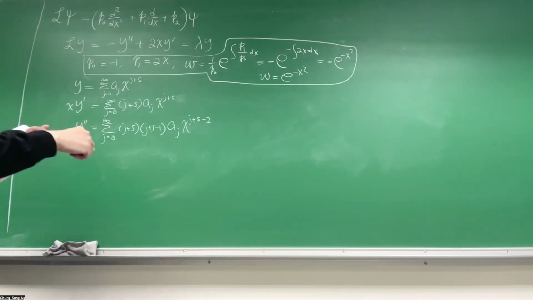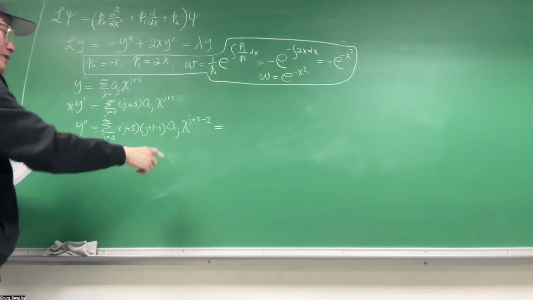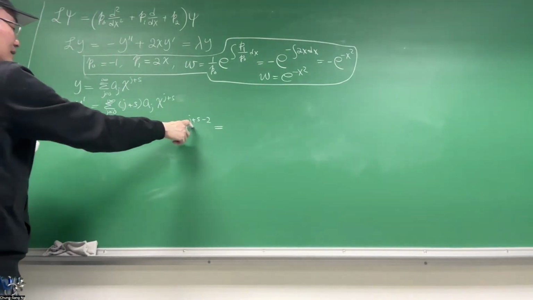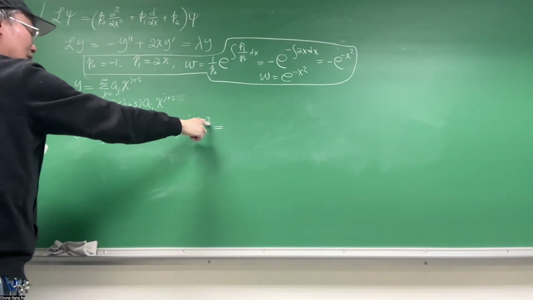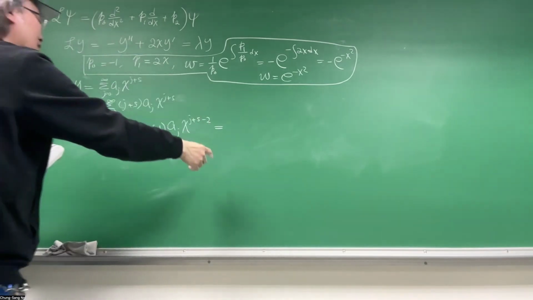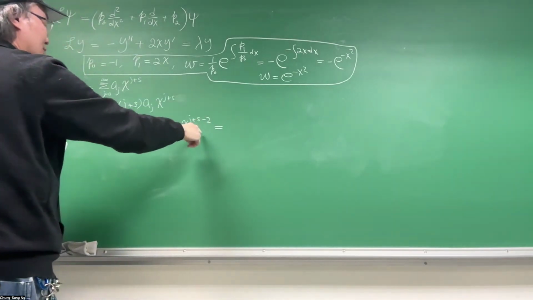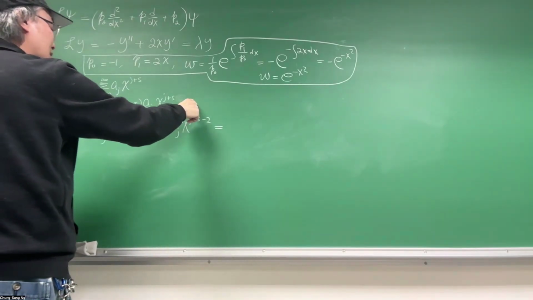So both these terms have the same form, but not the y double prime term. So what we can do is shift the j, and so this j plus s minus 2 becomes j prime plus s. The j prime is j minus 2, right?